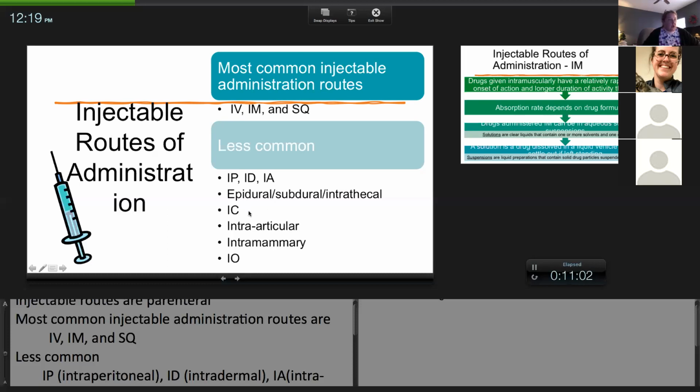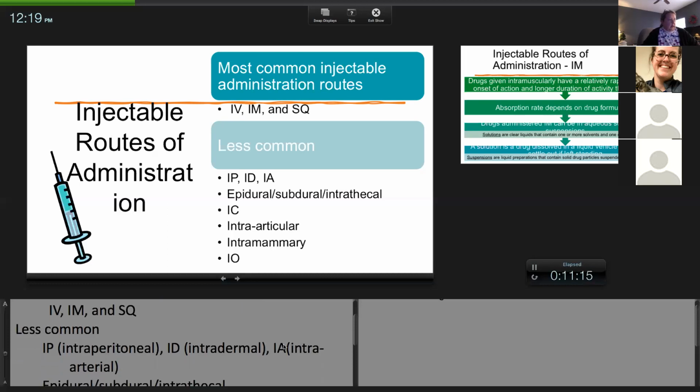You can do epidural, intrathecal, which are all along the spinal cord, depending on where you are. Well, IA is arterial, but again, that's not a really common route. So articular, intramammary, intraosseous.